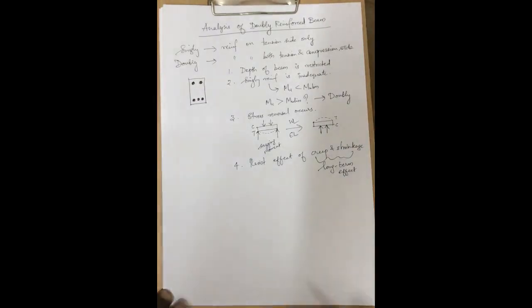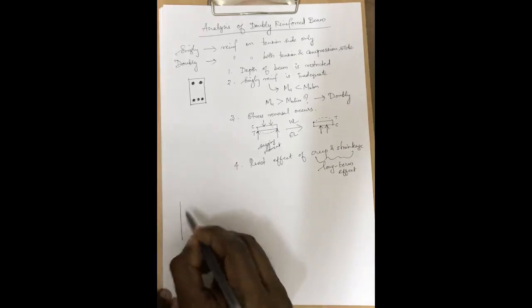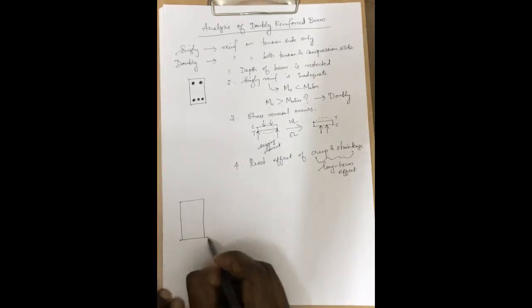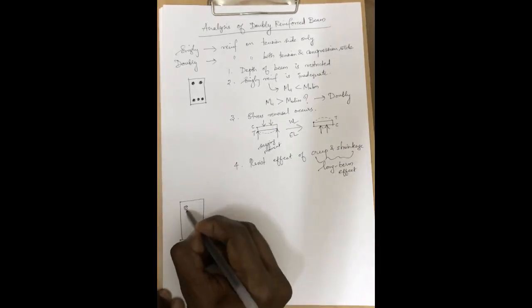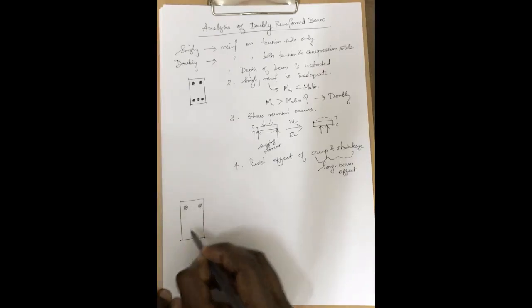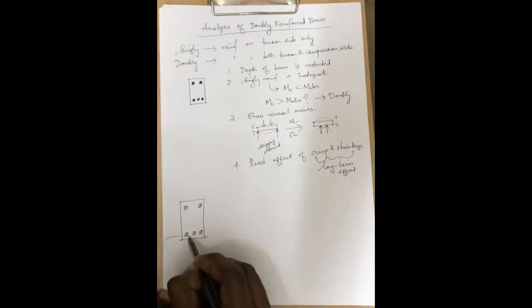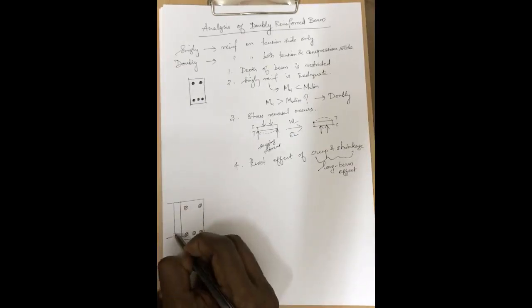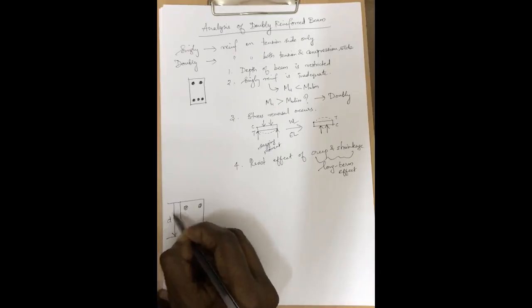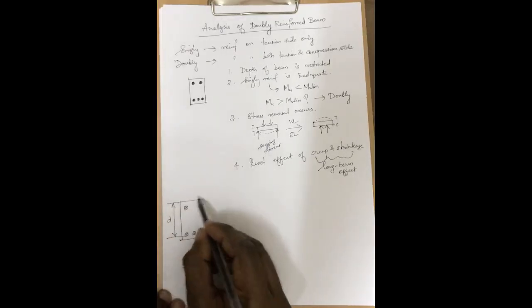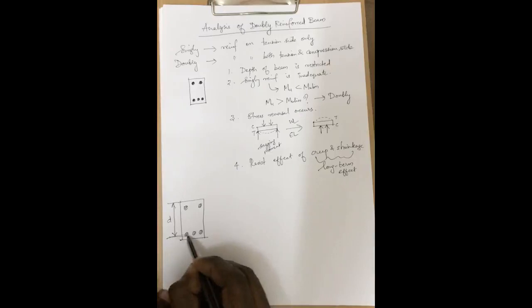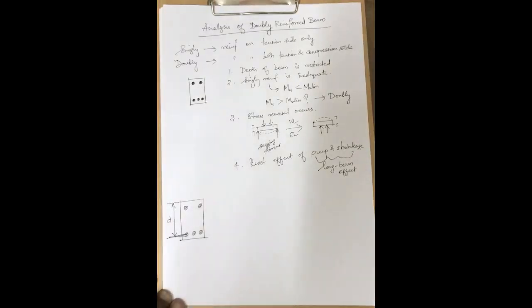Now you need to analyze the doubly reinforced beam. You have reinforcement on the compression side as well as on the tension side. Now you know what effective depth is. Effective depth is the depth d measured from the extreme compression fiber to the center of the reinforcement layer.